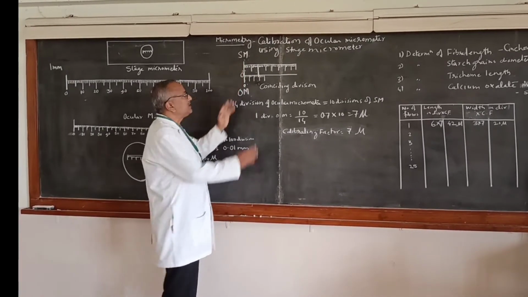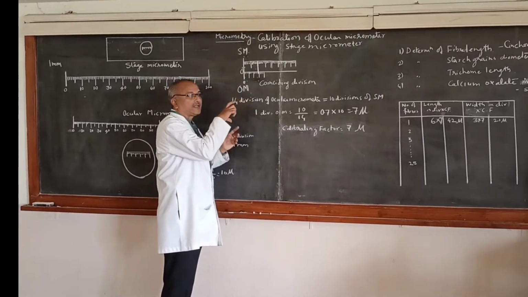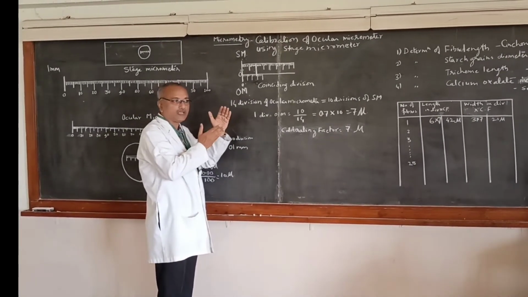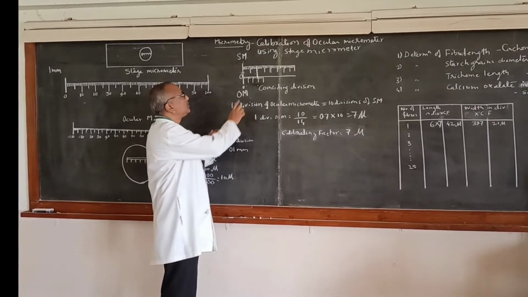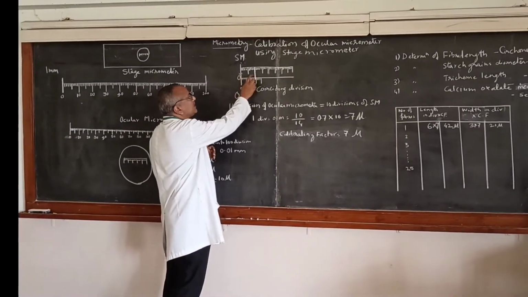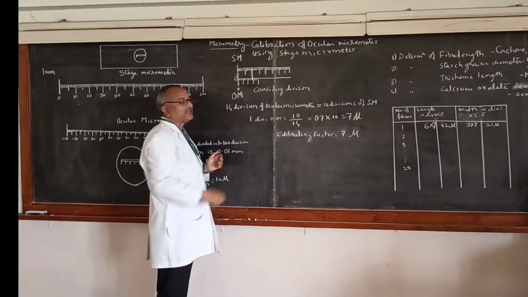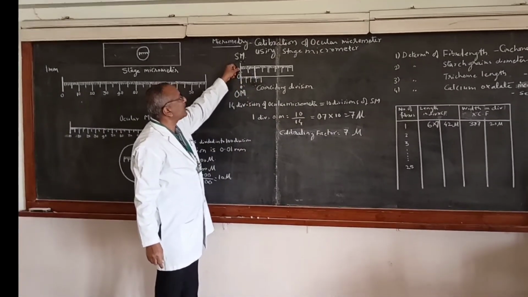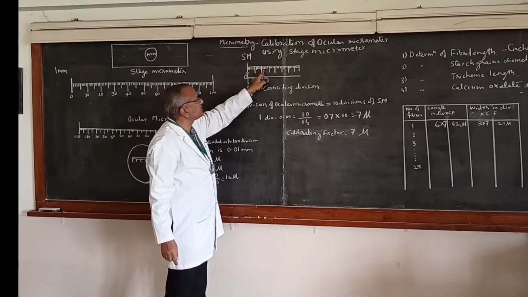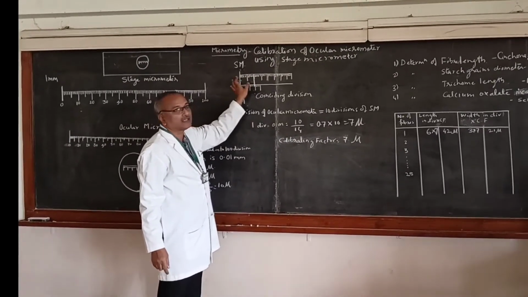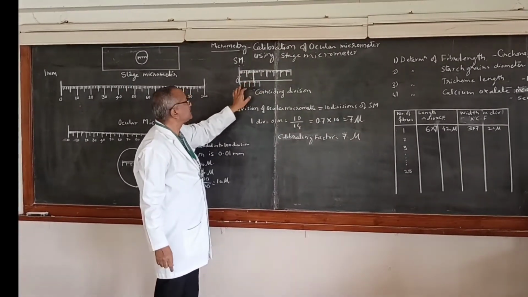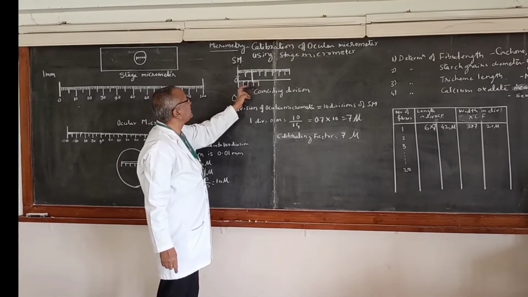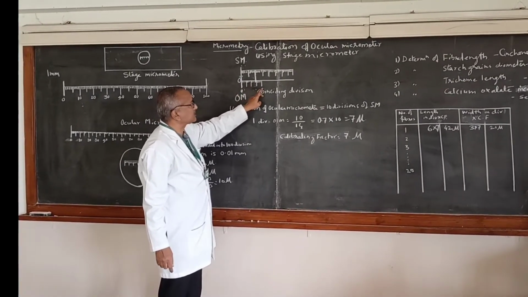Take them closer to superimpose, and the nearest coinciding division is to be identified. In this case, the 10th division of the stage micrometer coincides with the 14th division of the ocular micrometer.